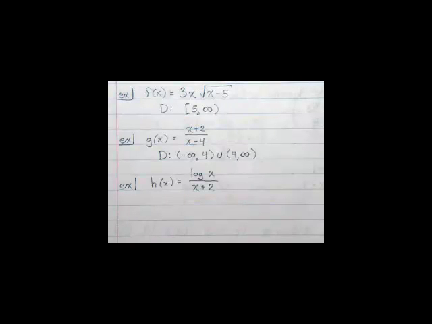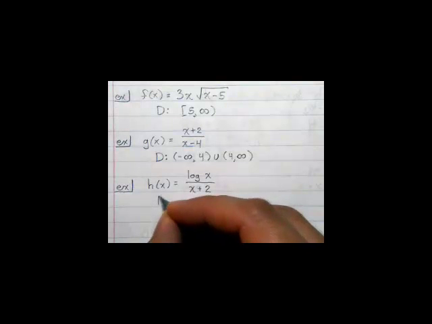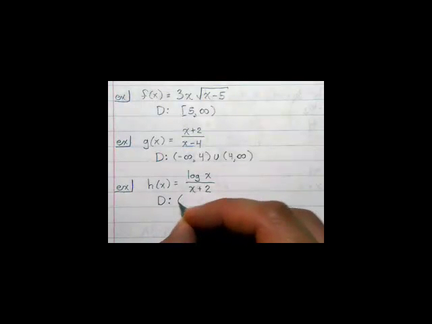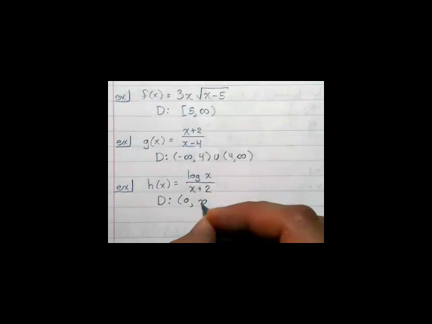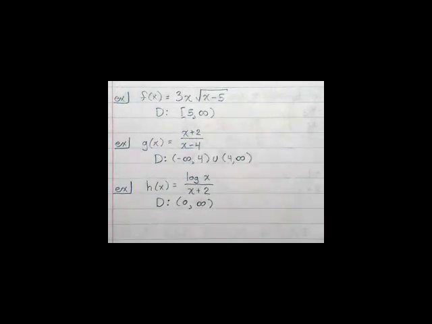Now, that being said, what if this had been an x minus 2 in the bottom? Then you have to exclude +2. So you got to hop over it as you're doing all your positive numbers. But in this case, though, we can stick with just a domain of 0 to infinity like that.